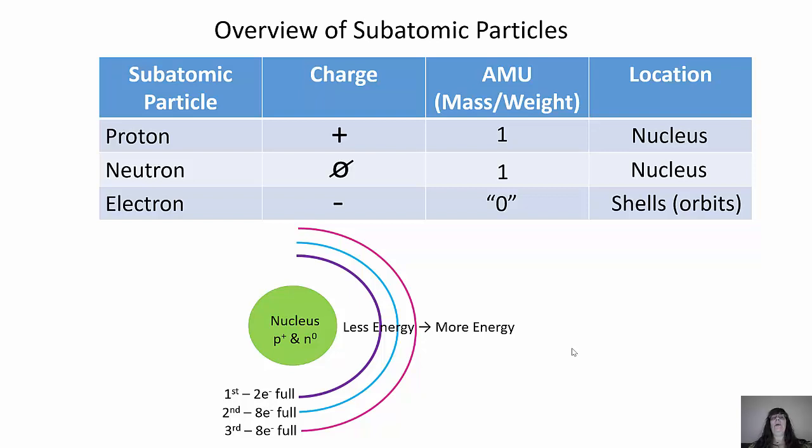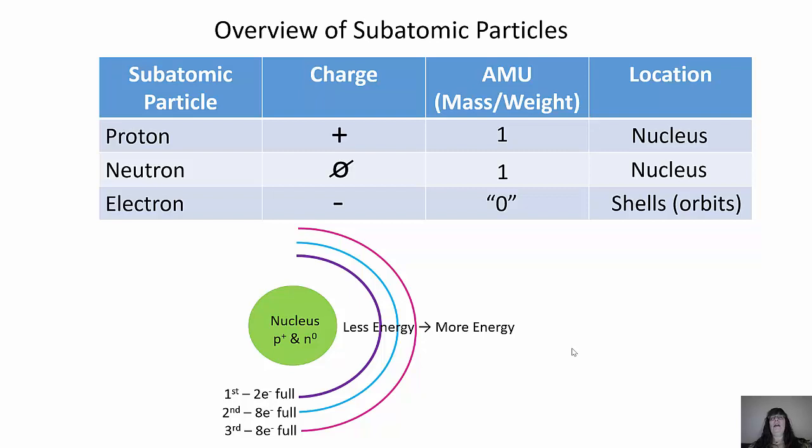What that means is if you add electrons or take away electrons, you're not really affecting the mass or the weight at all, but you are affecting the charge. On the other hand, if you add neutrons or take away neutrons, you are affecting the atomic mass. So you are affecting that weight, but you're not affecting the charge at all.